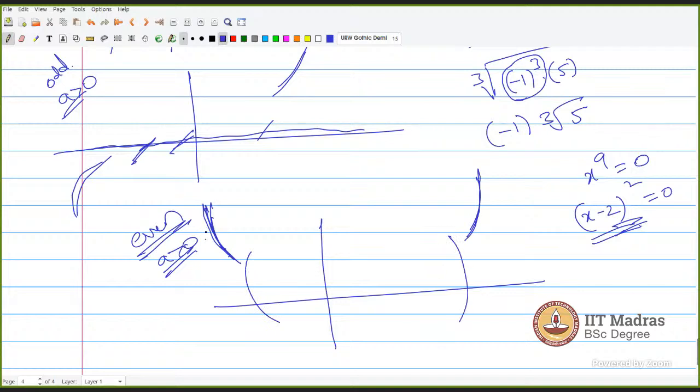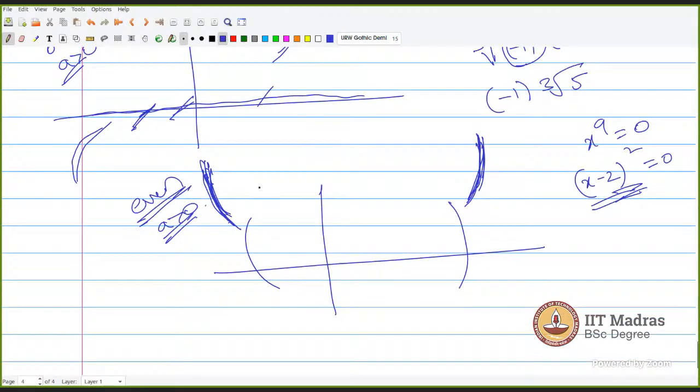But for end behavior, when my polynomial is even and the leading coefficient is greater than 0, I will have this kind of shape. This is how you should remember it. If a is less than 0, it will be inverted like this.